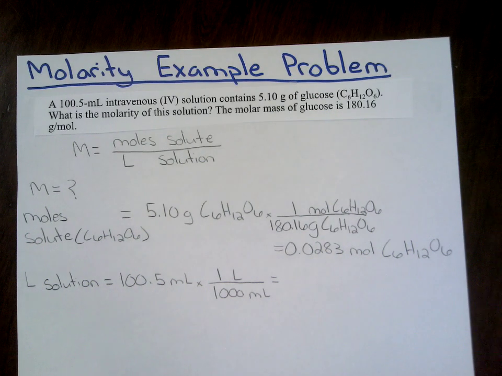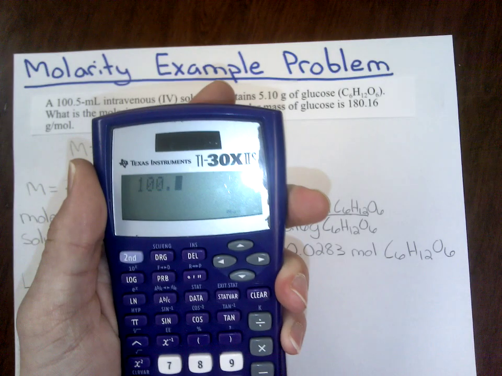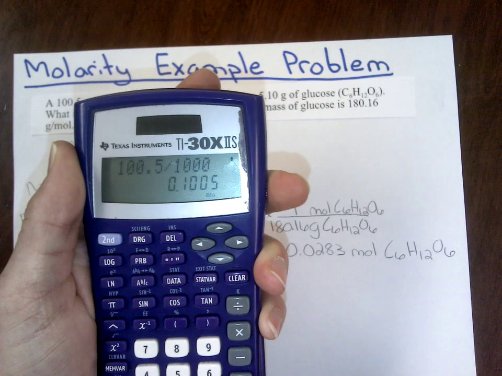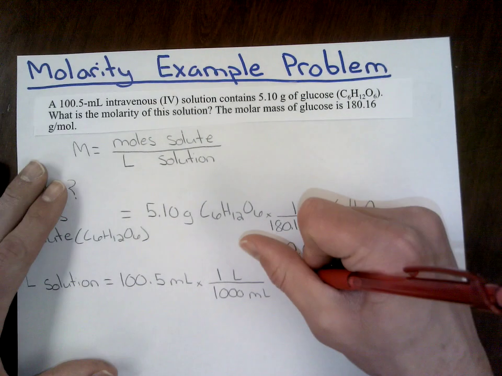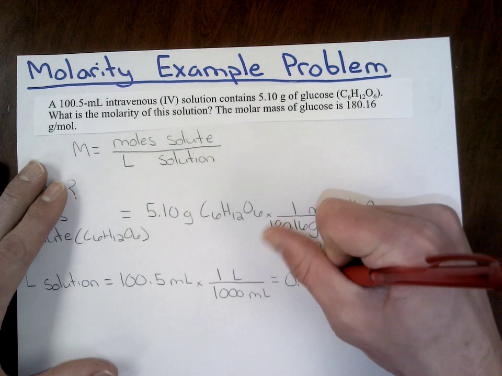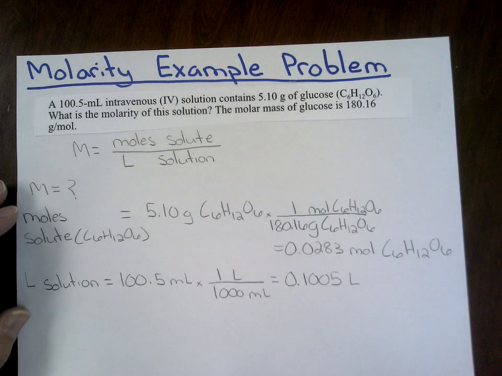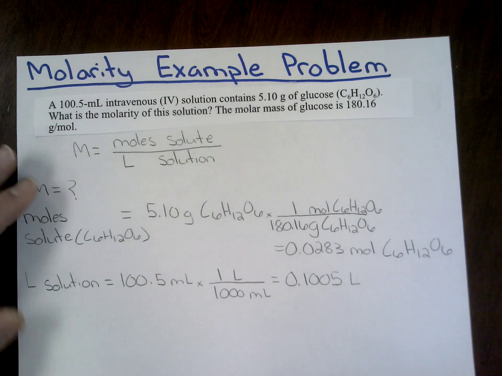So all we're going to do here is take 100.5 divided by 1,000. We press enter and we get a value of 0.1005 liters of solution.